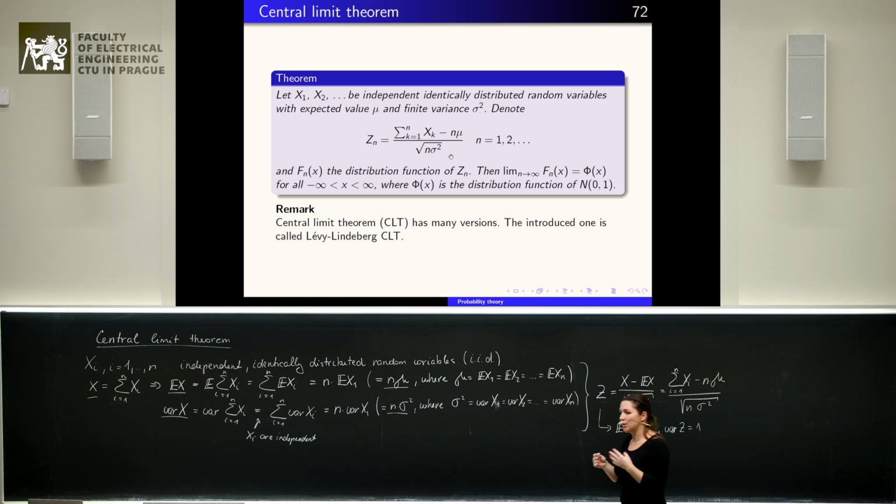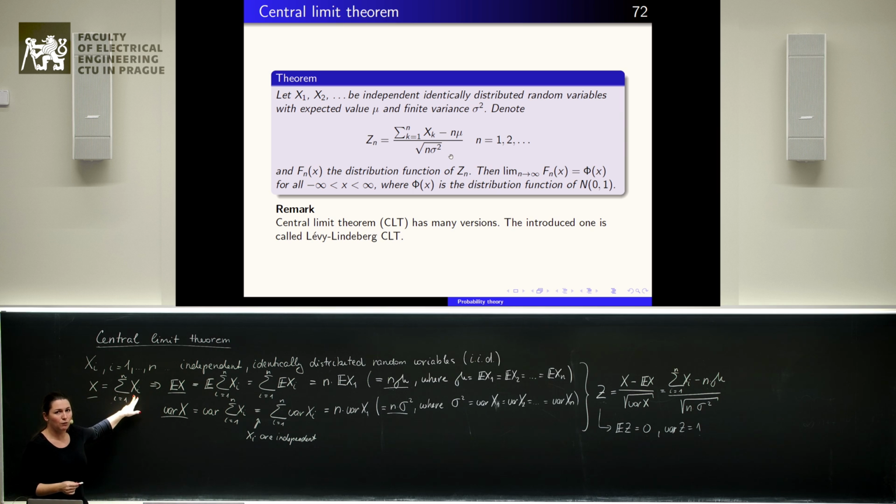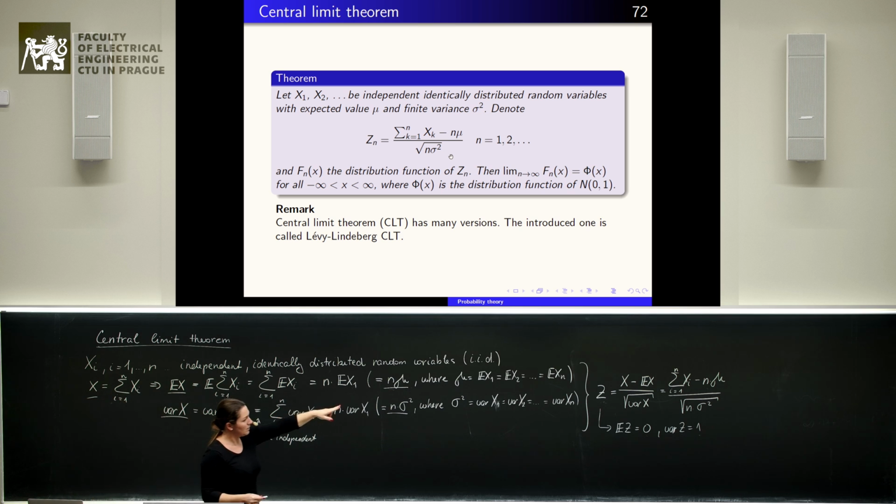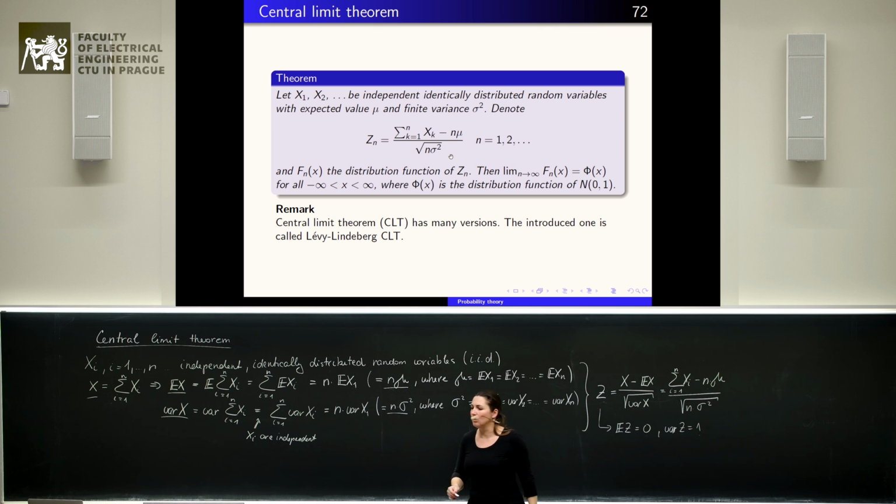And so the central limit theorem is about a special convergence of the sum of random variables to a random variable with the normal distribution, and using the normalizing procedure, we subtract the expected value, and we divide it by the square root of variance, then we obtain the standard normal distribution of such a random variable.